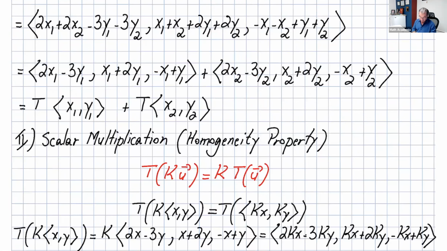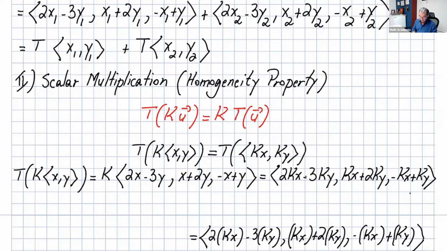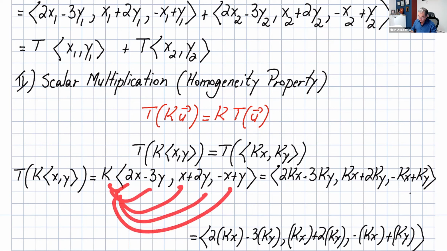addition is satisfied. Scalar multiplication, we want to see if that's satisfied. So do the same thing. T of k times (x, y) is k times (2x minus 3y, x plus 2y, negative x plus y). If you distribute the k to all of them, you get that.